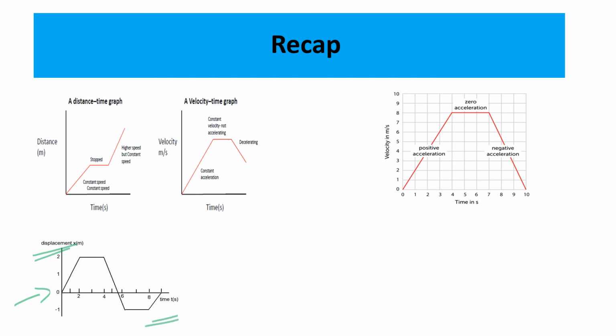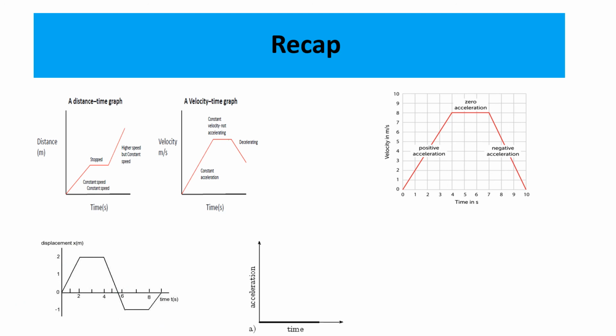In that case, you must understand you can include the negative region also, because displacement is having the direction along with the magnitude. We are interested in the direction, whereas in distance time graph, we do not look into the direction. We will consider only the magnitude.